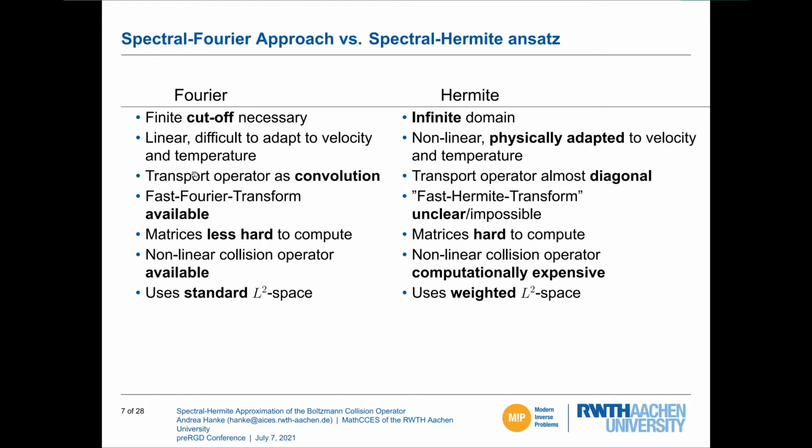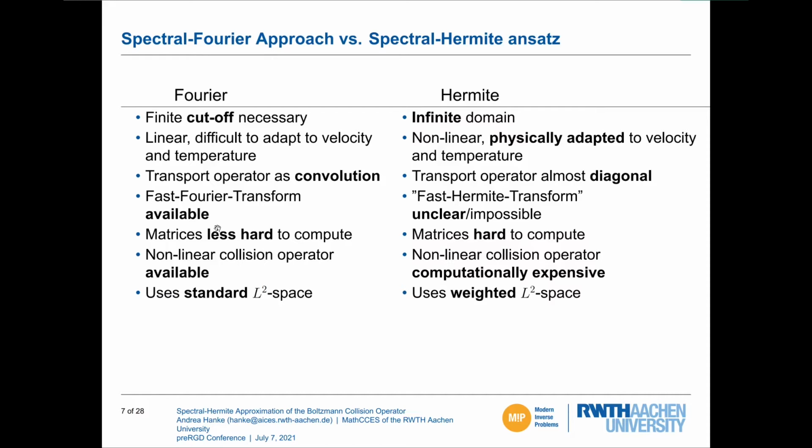The transport operator enters in the Fourier approach as a convolution, and in the Hermite approximation, the transport operator is almost diagonal. One of the huge advantages of the Fourier approach is that the fast Fourier transform is actually available, whereas for something similar like a fast Hermite transform for the general distribution function, it is unclear whether that's even possible or not.